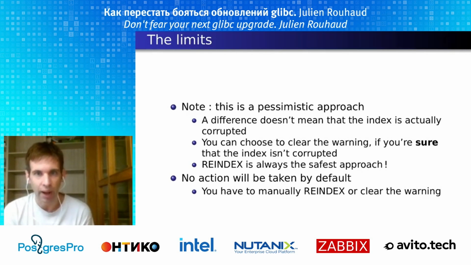I really want to stress that: if you manually clear that warning, and you're wrong for some reason, you will actually hide some corruption, which is a bad thing to do. So only use the alternative approach if you're really sure, and if you have any doubt, please use the reindex approach.